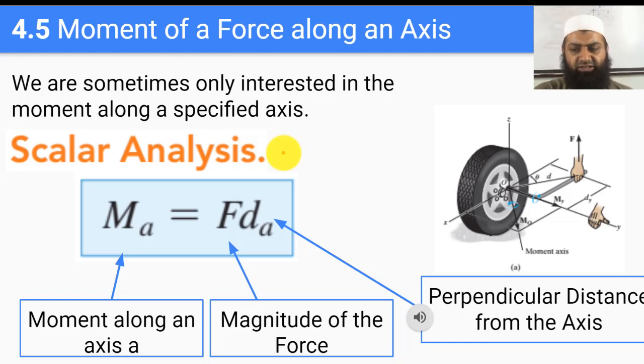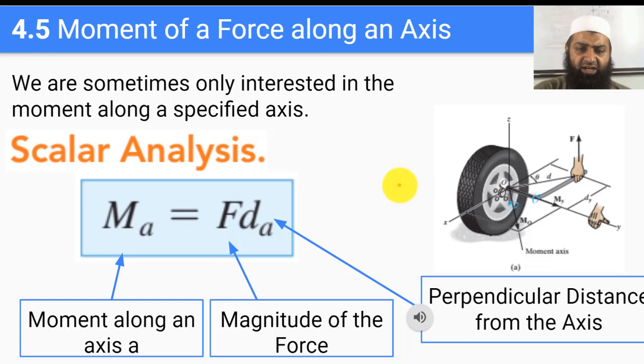Here, as we see in this example, we are applying a force F on this wrench to open this nut from the wheel, but we are only interested in the turning effect of our force which tries to unscrew this nut. Of course, this force would produce a turning effect which would try to rotate this nut in other directions also, but we are not interested in that rotation. We are only interested in the turning effect which is trying to open up this nut.